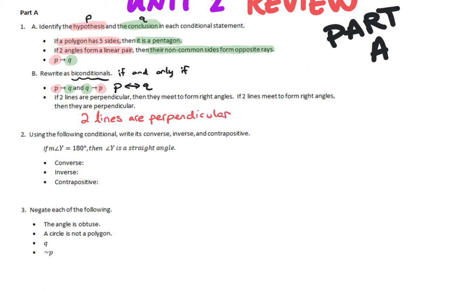then we'll use the magic words, if and only if, and then the conclusion. Wow, words is hard. So the hypothesis was two lines are perpendicular, if and only if, and now the conclusion, they meet to form right angles.